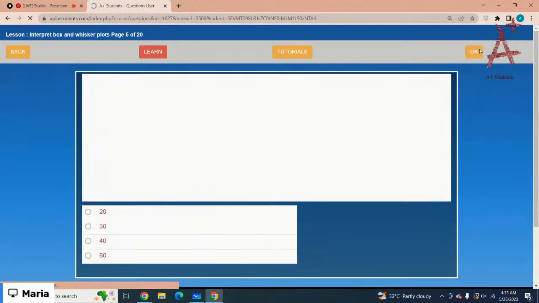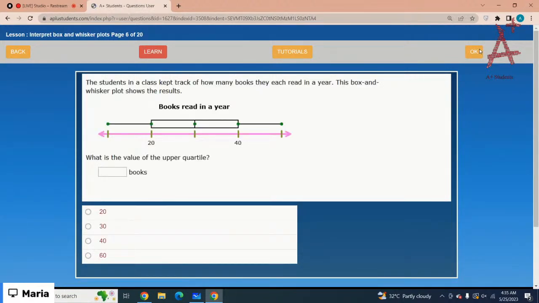Okay, the next one is the students in a class kept track of how many books they each read in a year. The box and whisker plot shows the result. What is the value of the upper quartile? So, which is the correct option?